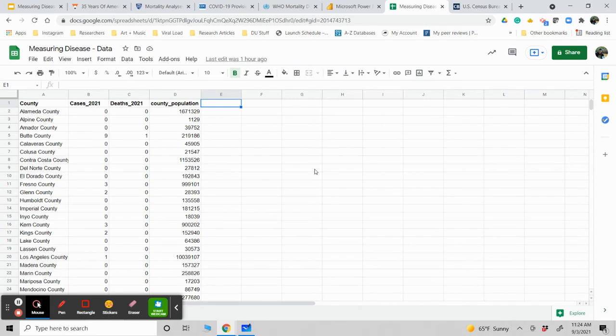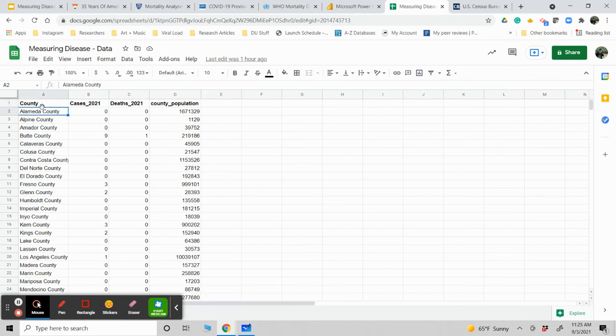So let's shift a little bit to understanding how we might use this in our own calculations or for doing epidemiology ourselves. This is a data set looking at West Nile virus in 2021, this year, for each county in California.